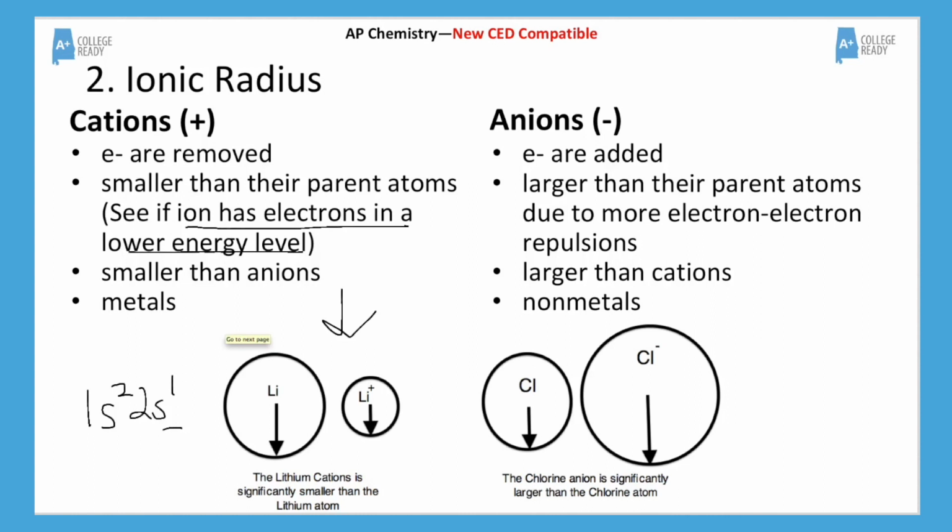If we look at the lithium ion, remember it's lost that valence electron, so the ion should be smaller. So the cations are smaller than the original atom. This is what metals do.